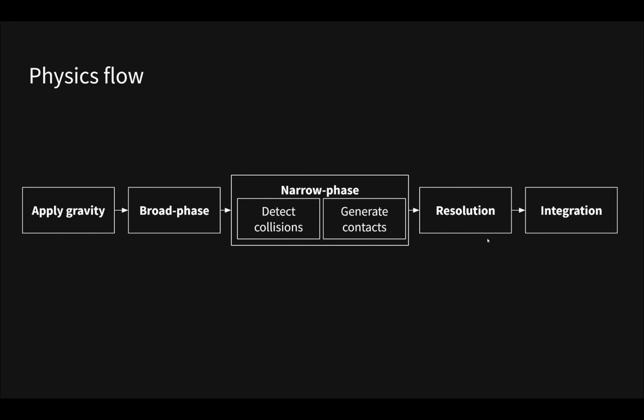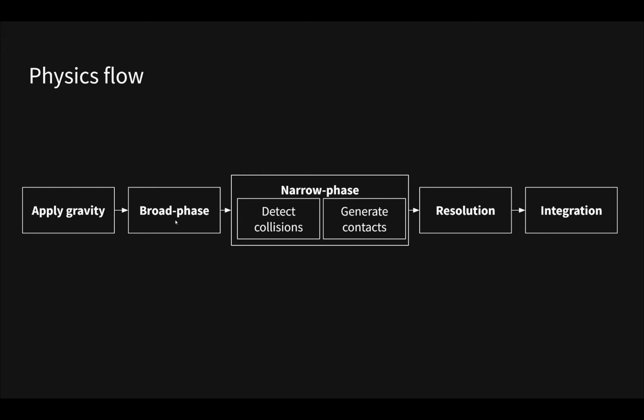So yeah, the apply gravity and integration can be shuffled around. It doesn't really matter where they are. That's up to personal preference mostly, but these three in the middle usually or always come in this order pretty much. So the broad phase and narrow phase, the difference is in the broad phase collision detection, we're trying to generate collision pairs.